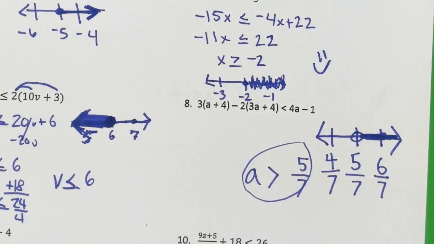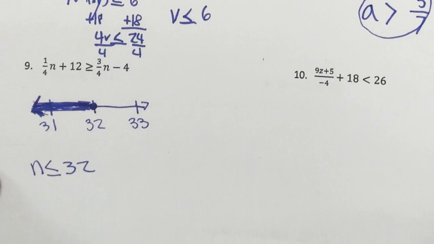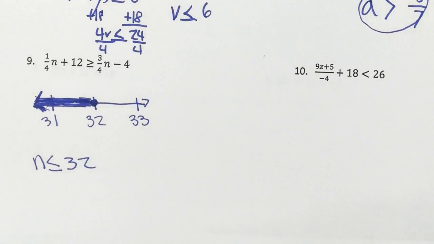Brian, you good? All right, Kenan just put up 9 for you. Make sure you got the same answer as 9. Yep, and you just have to do that one. Yeah, but you multiply by that -4, so that's not just good.